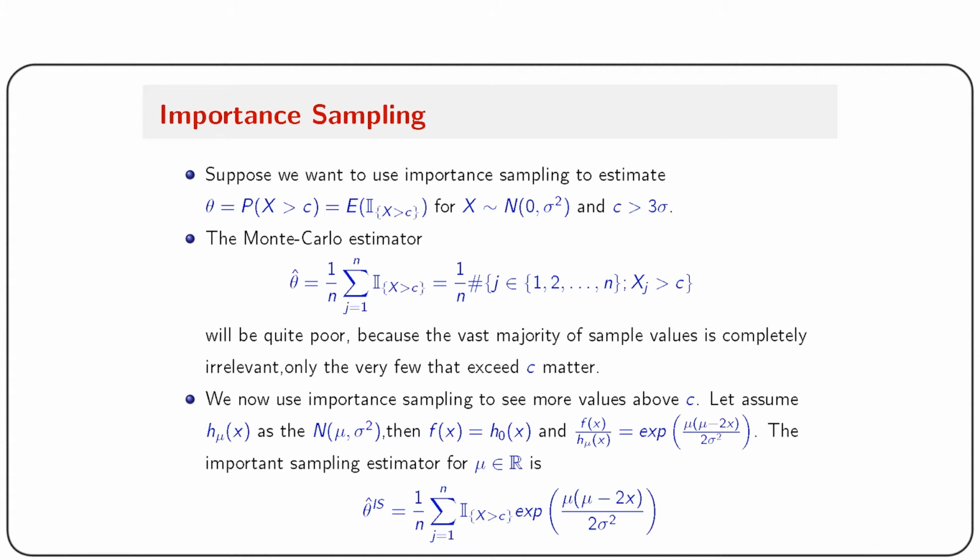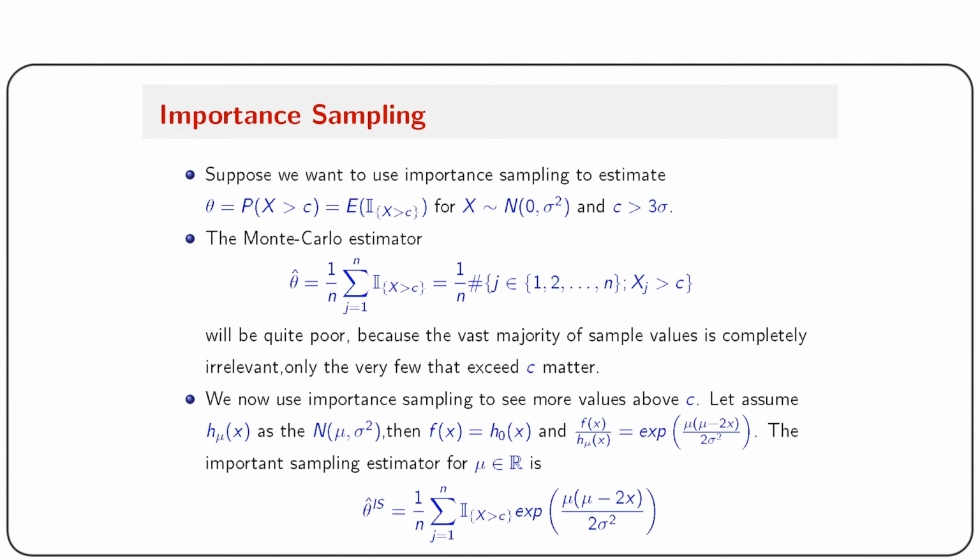This will be quite poor because the vast majority of the sample values are completely irrelevant. Only the very few that exceed c matter.